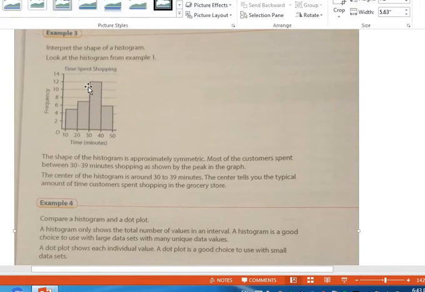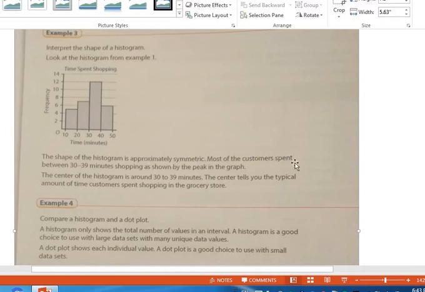Here in example 3, interpret the shape of a histogram. Look at the histogram from example 1. Here I have the time spent, frequency, and the time in minutes. So this shape of histogram is approximately symmetric.